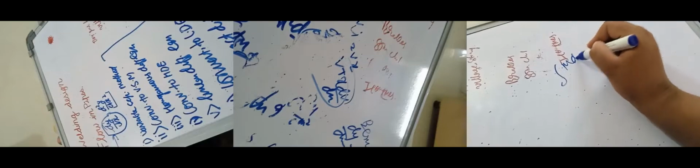The main important thing here is exact, the seventh is the exact differential equation. Now what is an exact differential equation? It appears in a form like this: M dx plus N dy, where M is a function of x and y, and N is a function of x and y.